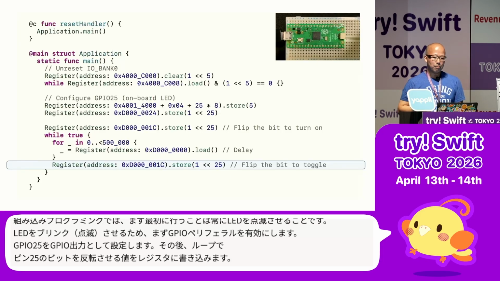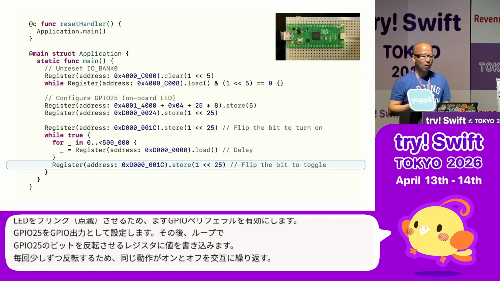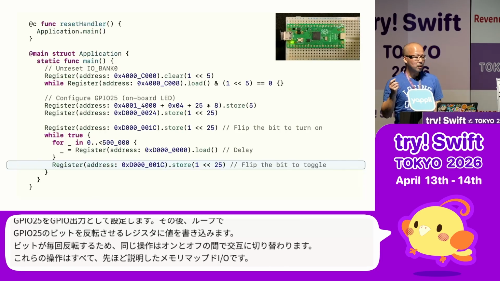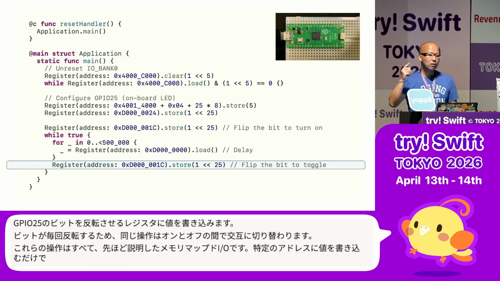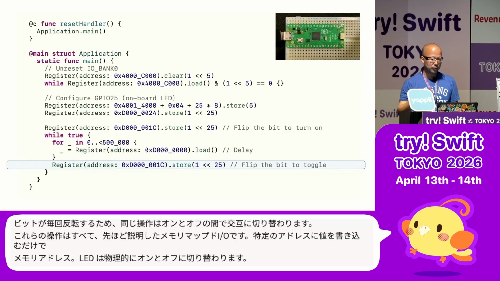Since it flips a bit each time, the same operation alternates between on and off. All of these operations are the memory mapped I/O we talked about earlier: just by writing a value to a specific memory address, an LED physically turns on and off. We are running Swift functions on bare metal and controlling the hardware.